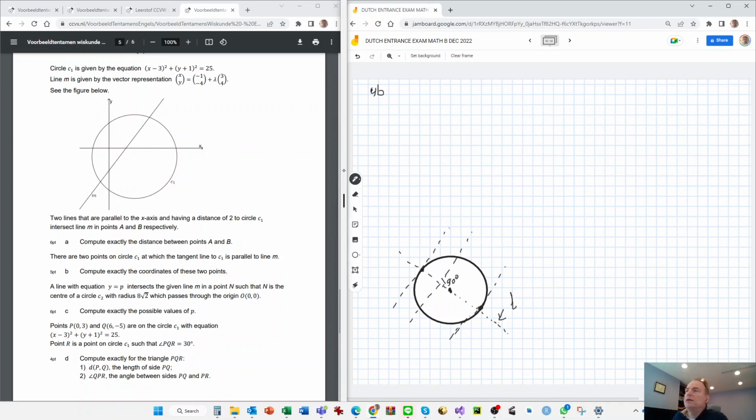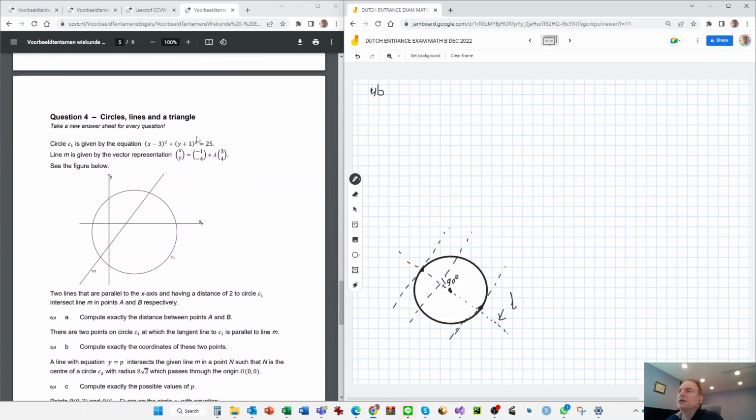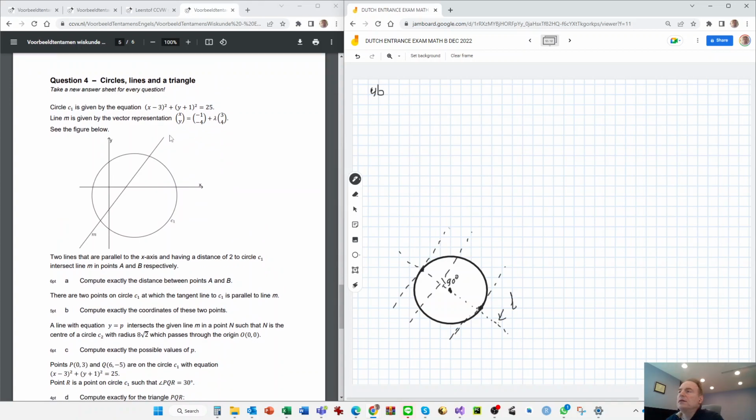And I think we can easily do that with the vector representation. The directional vector of the line is 3, 4. So now let's find a vector that's perpendicular to 3, 4.